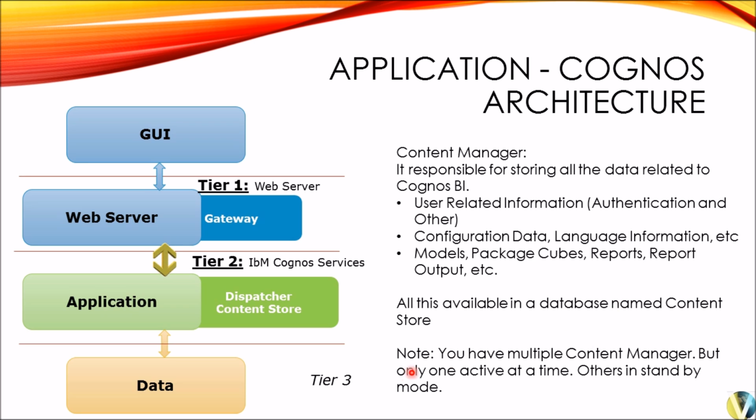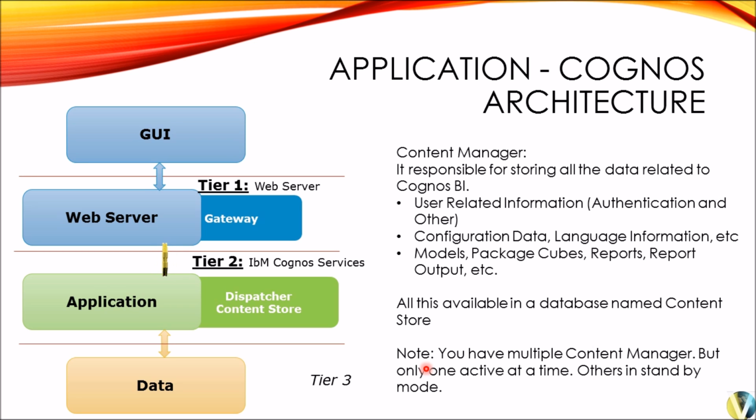Now, one thing you have to remember: you can install content manager on more than one server, but at a time only one is active and all other content managers are in standby mode. This type of scenario is generally used for disaster recovery.